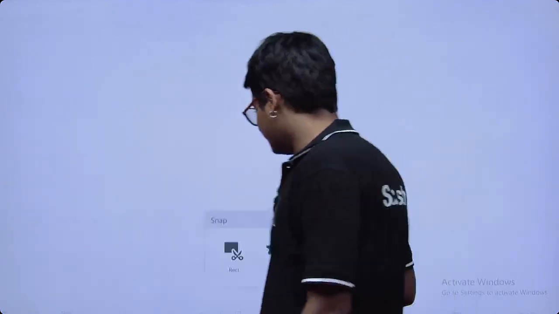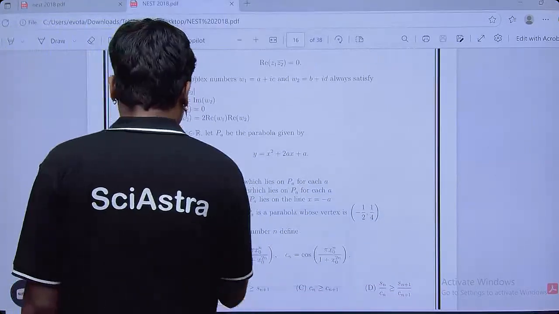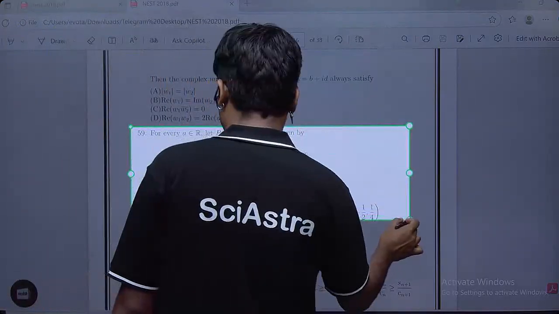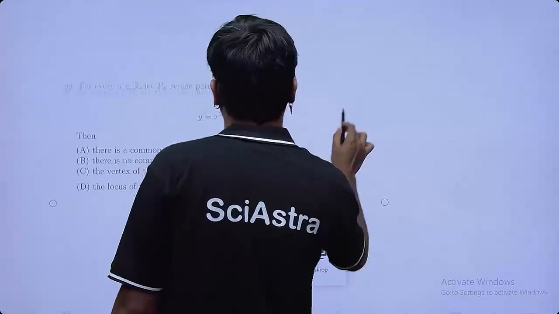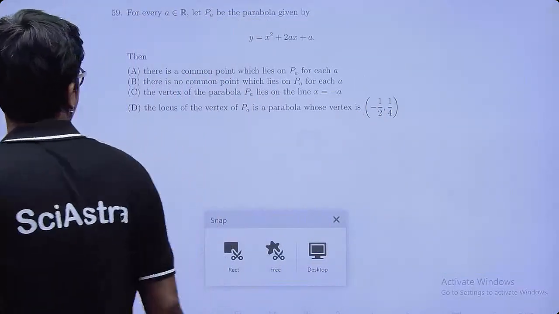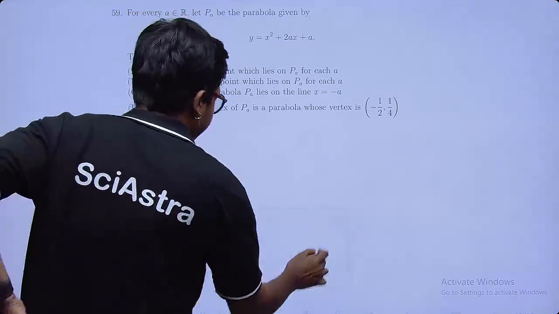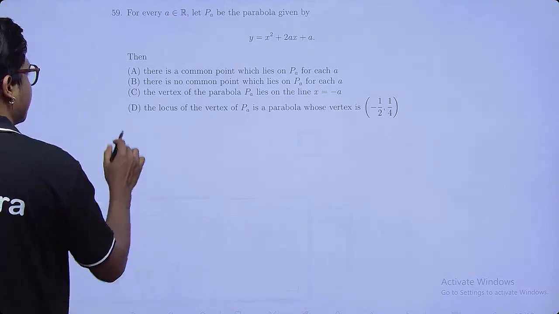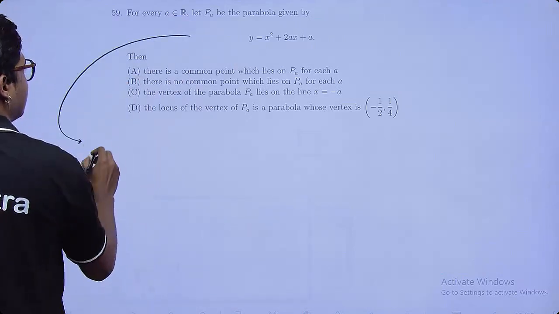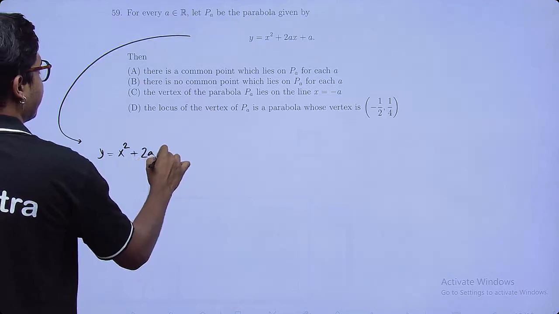59. You have a parabola given where there is a variable a, okay? Right. So, what is the vertex of this parabola? So, it's something y equal to x square plus 2ax plus a, right?